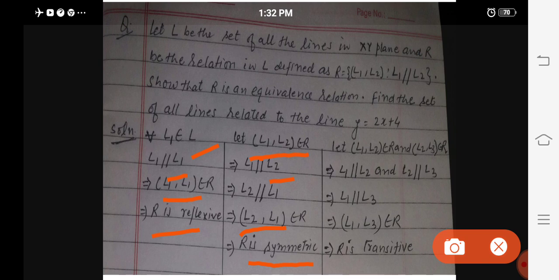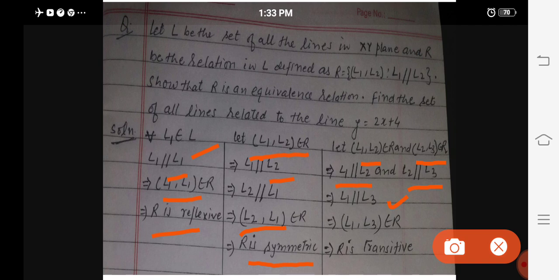Next, let (L1, L2) belong to R and (L2, L3) also belong to R. So (L1, L2) belongs to R means L1 is parallel to L2, and (L2, L3) belongs to R means L2 is parallel to L3. In class 9 and in previous classes, you have learned that P parallel to Q and Q parallel to R implies that P is parallel to R. Same thing here: L1 is parallel to L2 and L2 is parallel to L3, which means L1 is parallel to L3.